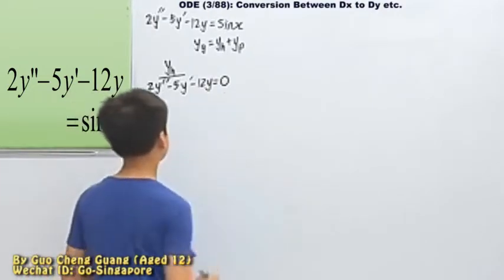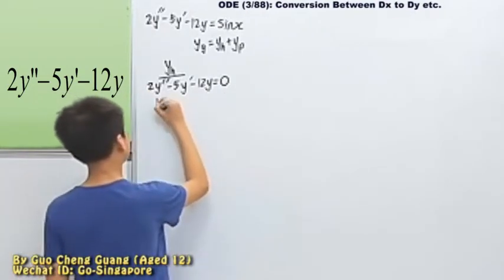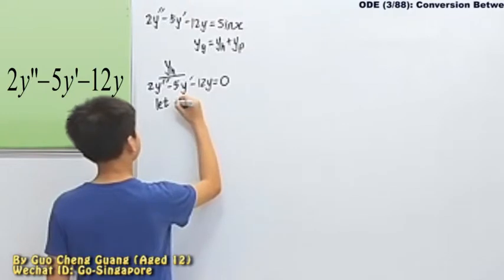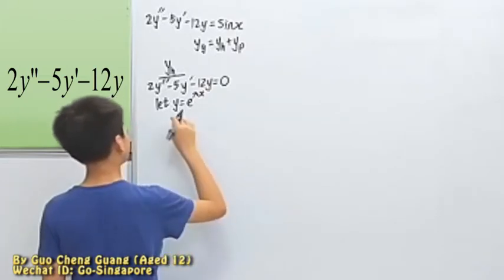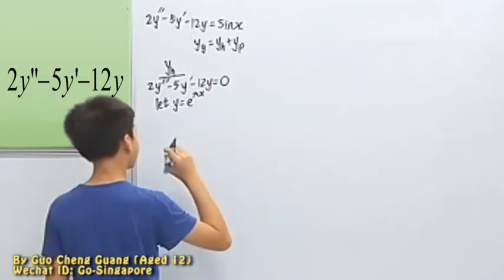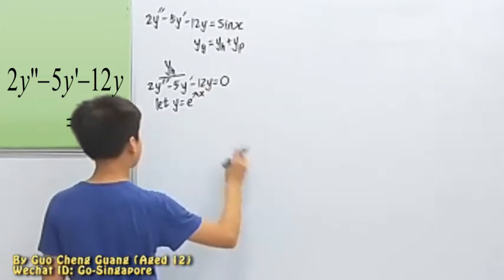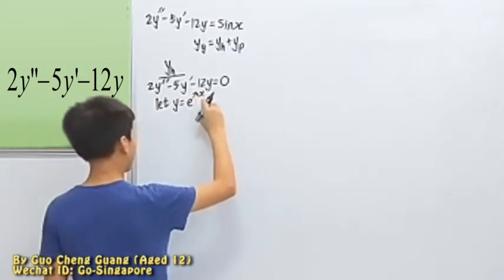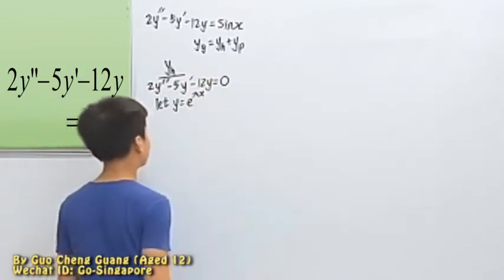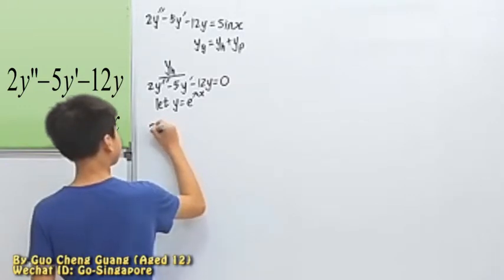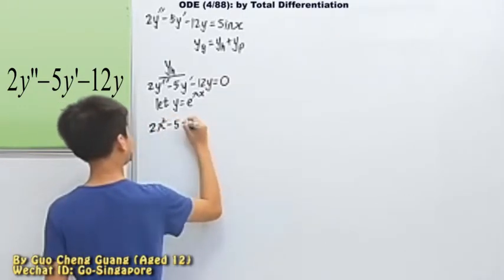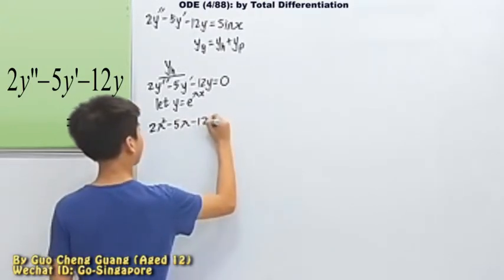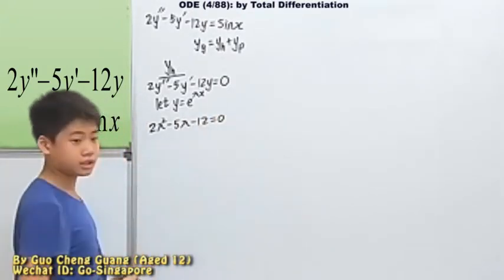Then at this part, we can let y be e to the power of lambda x. So we let y be e to the power of lambda x. Then e to the power of lambda x can be simplified from all these, so that means you get this.